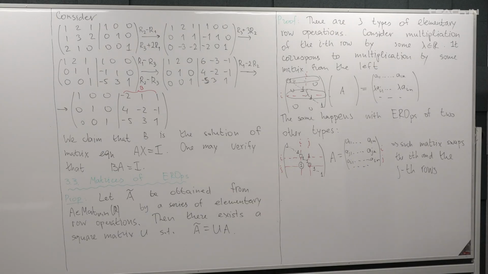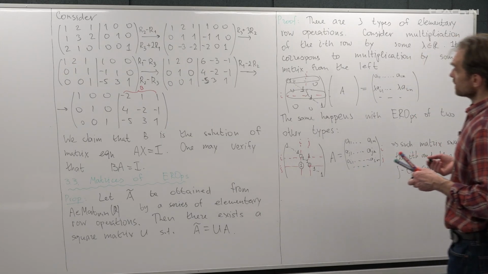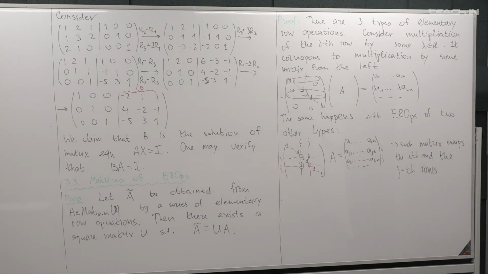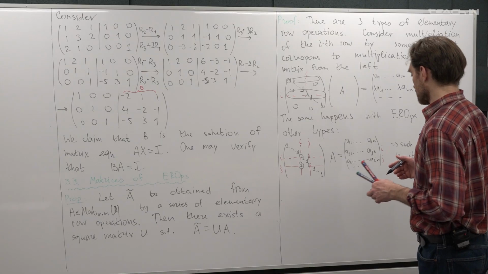Okay, and finally I need to find a matrix that corresponds to the last type of elementary row operation, that is adding one row multiplied by a constant to another row.